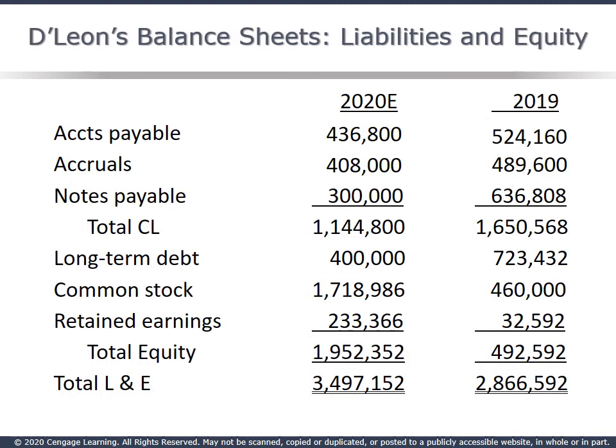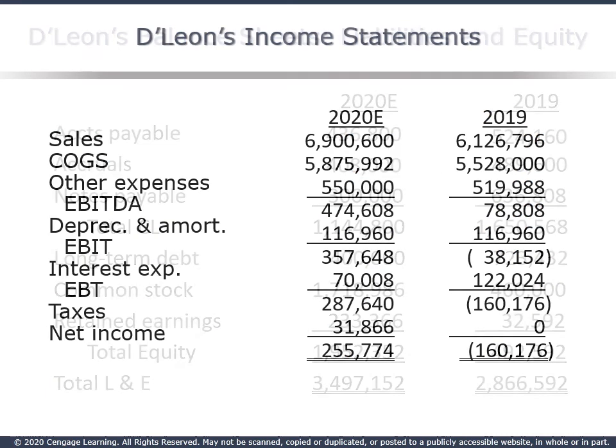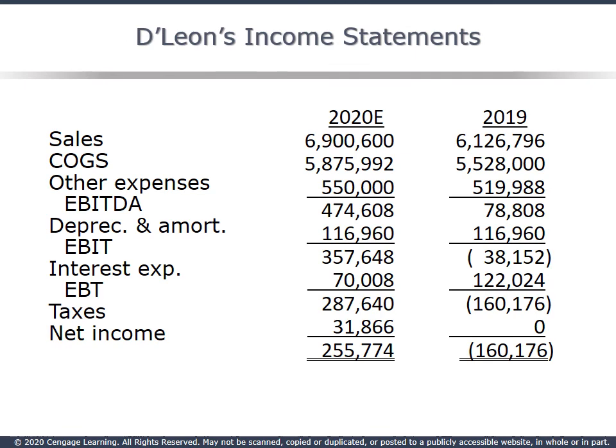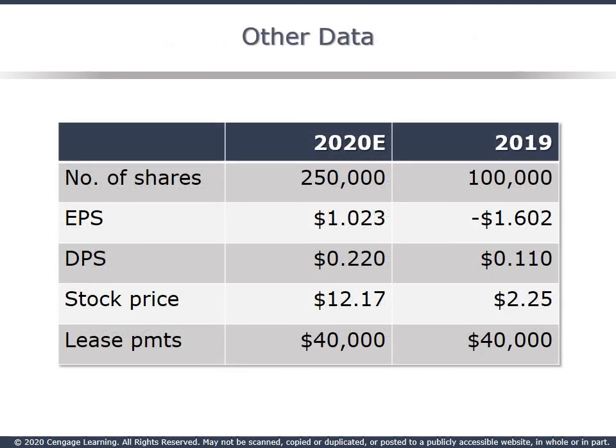In Chapter 3, we also have the 2018 figures for its balance sheet as well as its income statements. There's some extra data as well: the number of shares outstanding for this firm, earnings per share, dividends per share, stock price, and lease payments. So we're going to use this information to calculate all the various ratios.